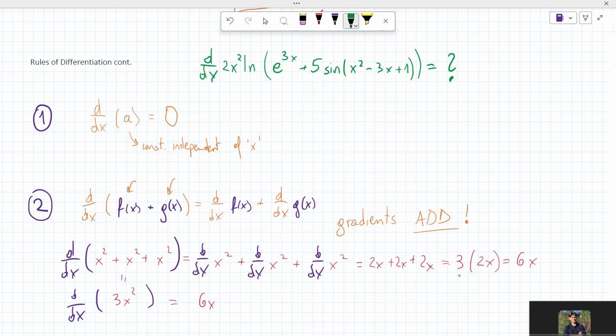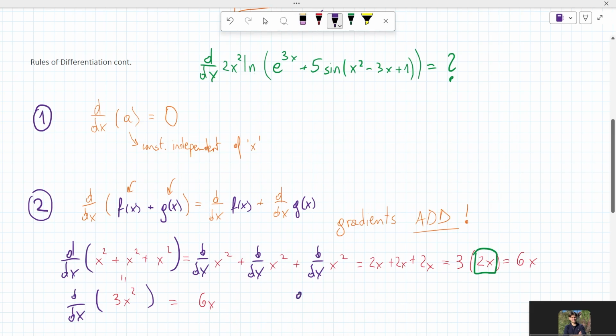But now let's look at this form. Where did this 3 come from? Well, this 3 came from the fact that I was differentiating a sum of 3 functions, x squared. And this thing here was just the derivative of one of them, of x squared.